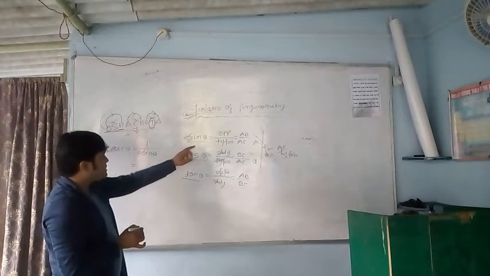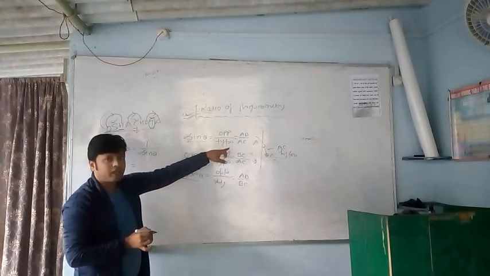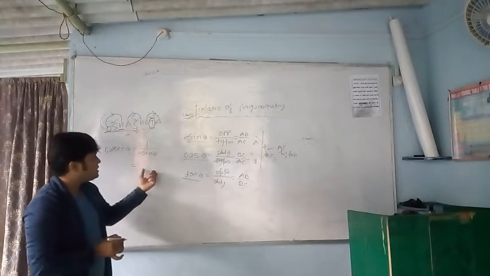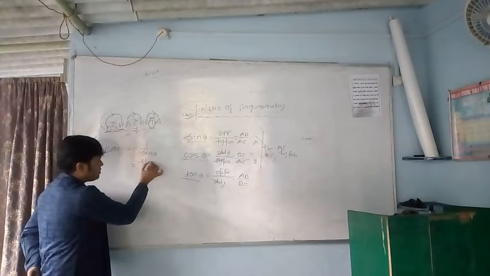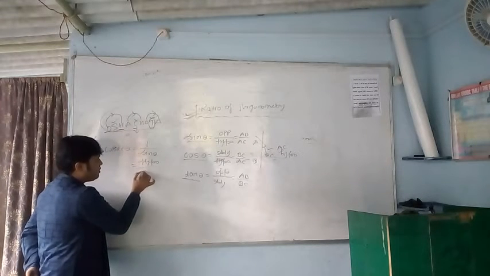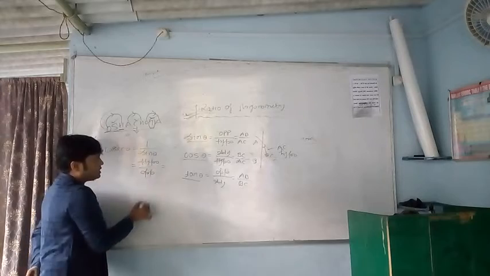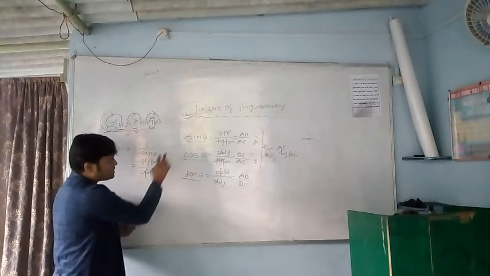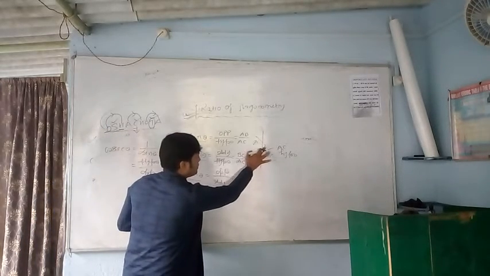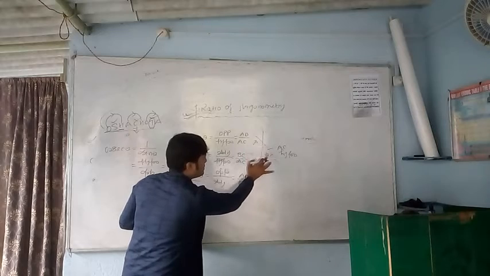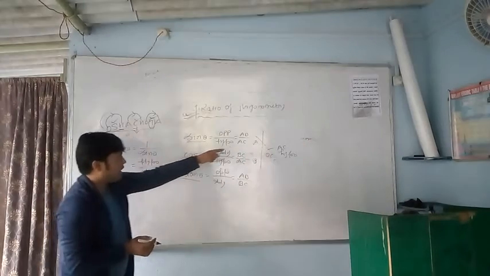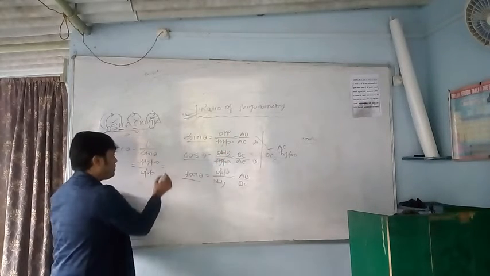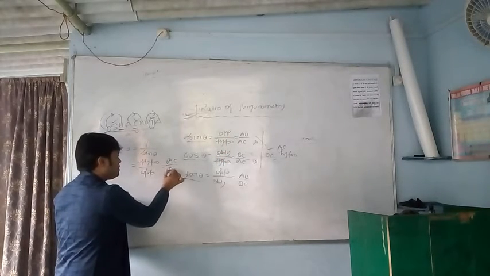If sin theta is opposite upon hypotenuse, then cosec theta becomes hypotenuse upon opposite. Here sin theta is for angle C, so hypotenuse AC upon AB.